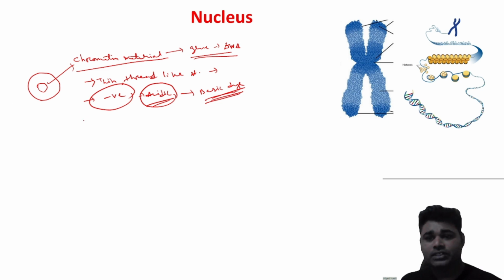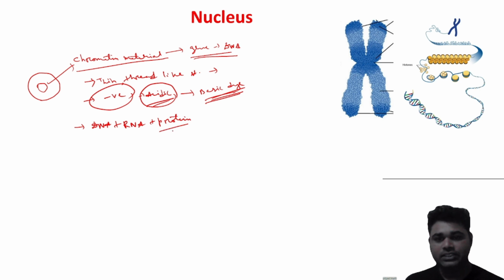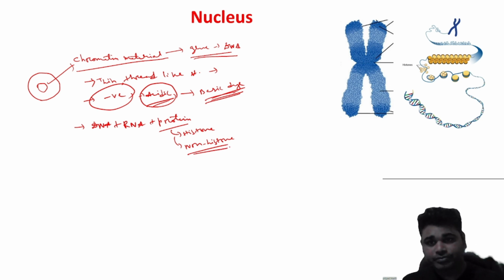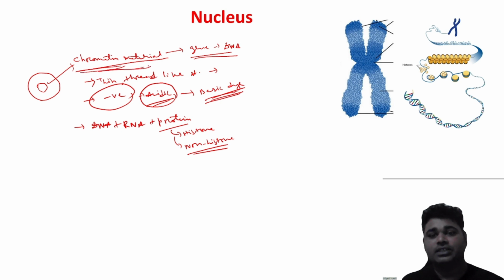Now the chromatin material contains DNA plus RNA plus proteins. This protein can be the histone protein or the non-histone protein. Okay. Now come to the exact structure of the chromatin material.